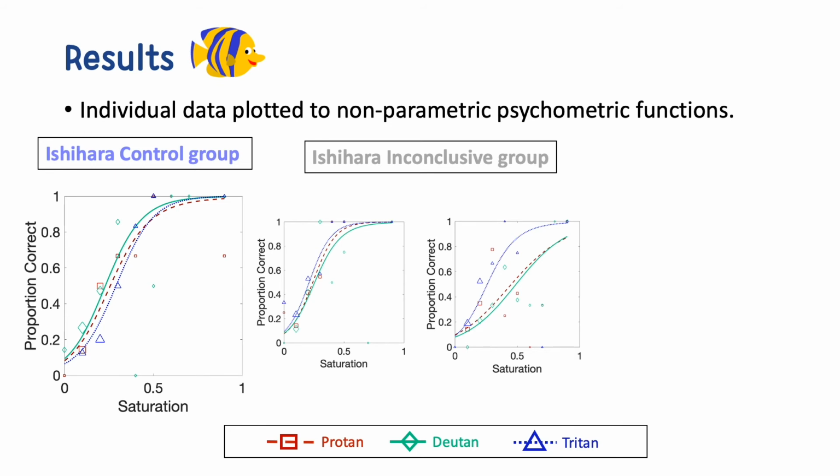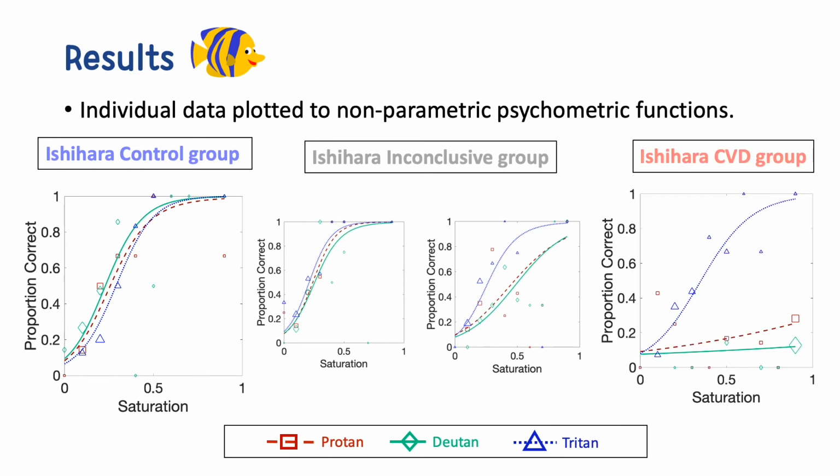And in the CVD group, people performed much worse for protan and deutan targets compared to tritan. Overall, we can see that people in the CVD group have lower thresholds for protan and deutan and can't even get 100% correct on protan and deutan targets when the saturation is at its highest.